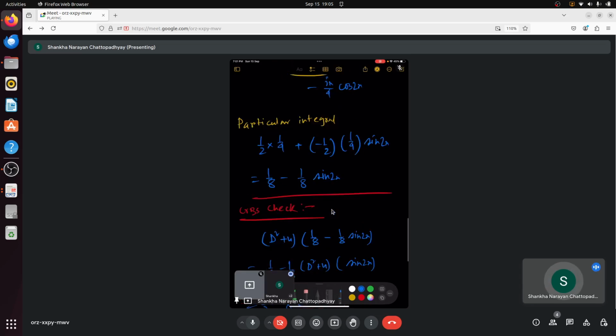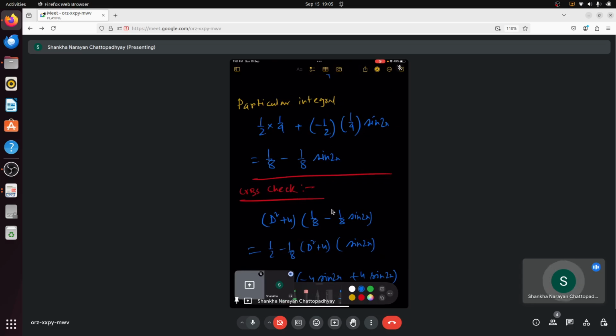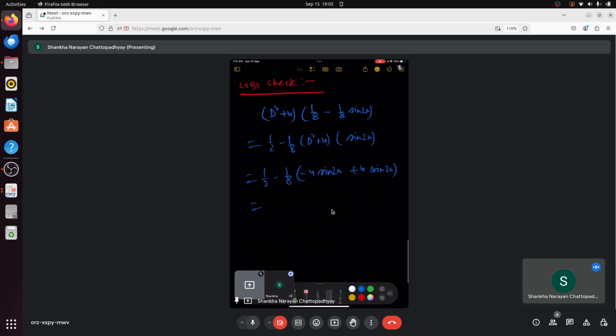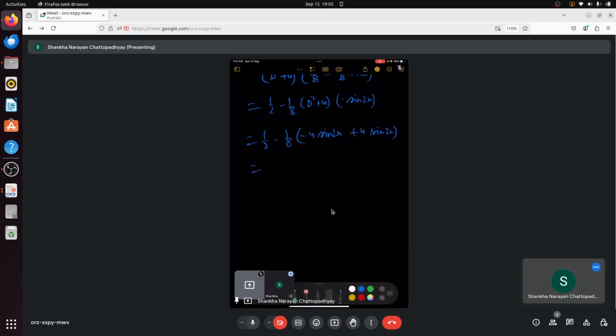This is the x term. So here you need to multiply on x by 8, x sin 2x.